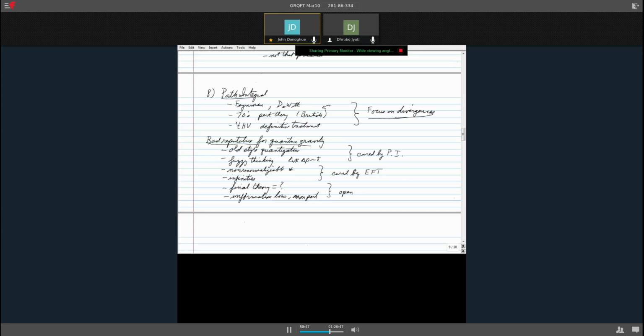And there are all sorts of puzzles going on now, such as information loss, and non-perturbative treatments. These are still open. So the bad reputation has some things that you'll read about in history that are just not meaningful anymore, some that have some meaning, and some that are still the focus of the field. Okay.